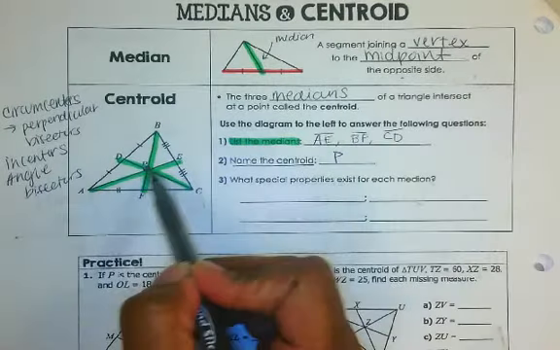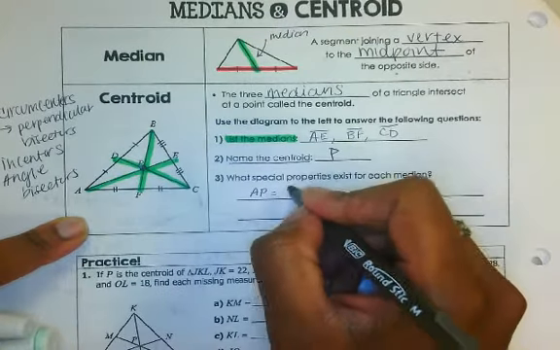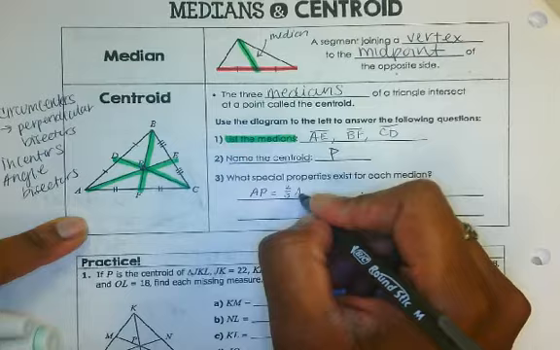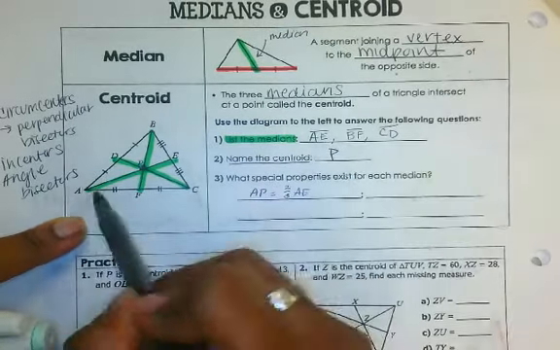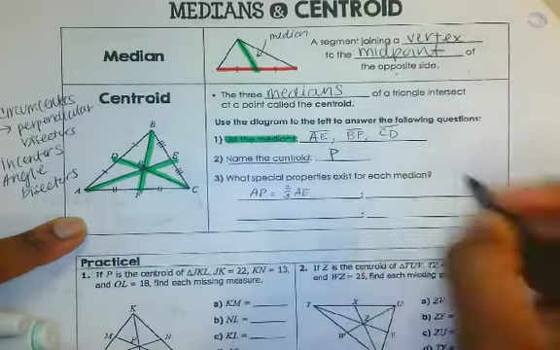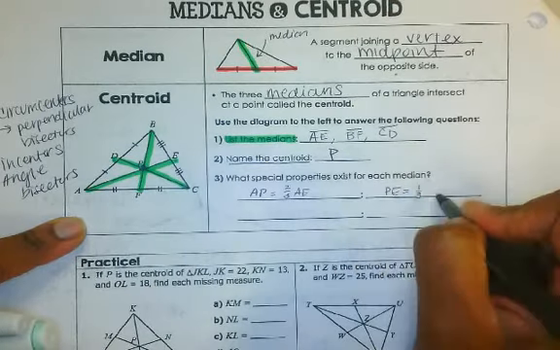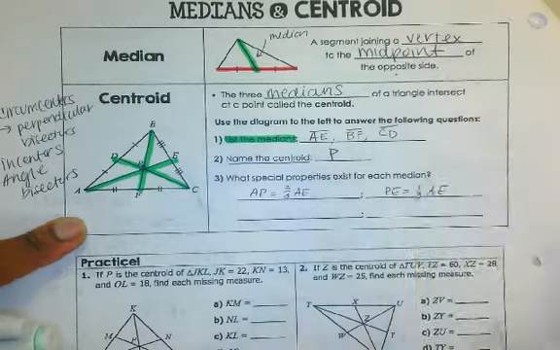Okay, so we know that AP equals 2/3 of the whole thing. So you see that this is the bigger piece, it's 2/3 of the whole. Well, that means the smaller piece, PE, is 1/3 of the whole.